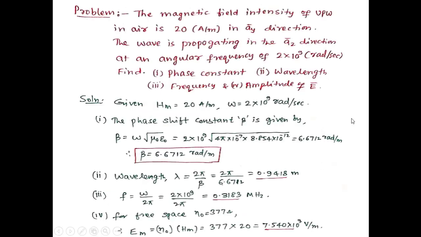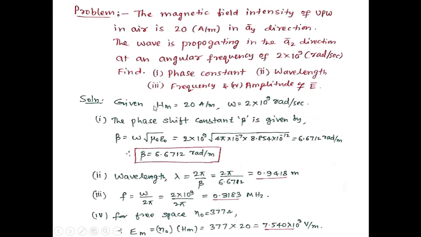So we'll solve one problem. The magnetic field intensity of a uniform plane wave in air is 20 ampere per meter in ay bar direction. The wave is propagating in the az bar direction at an angular frequency of 2 into 10 raised to 9 radian per second. You have to find the phase constant beta, wavelength lambda, frequency f and amplitude of E bar.